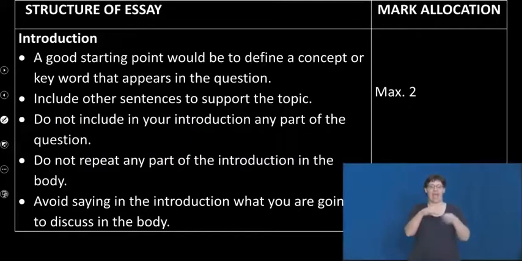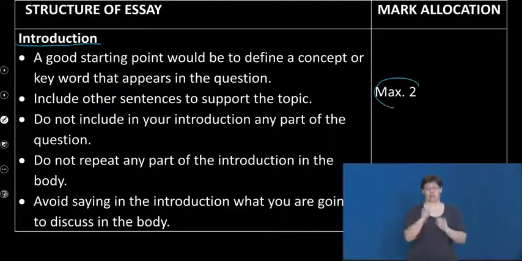Now let's go to the next slide. Let me explain. So our essay contains an introduction, a main part, an additional part, and a conclusion. Now let's look at our introduction and what it involves. The introduction carries 2 marks in the exam. A good introduction is a good starting point.